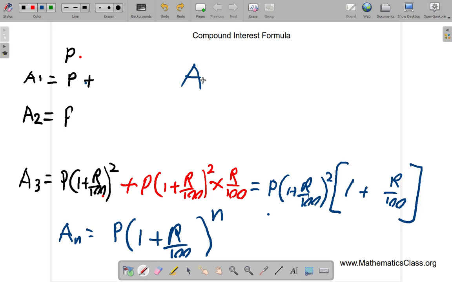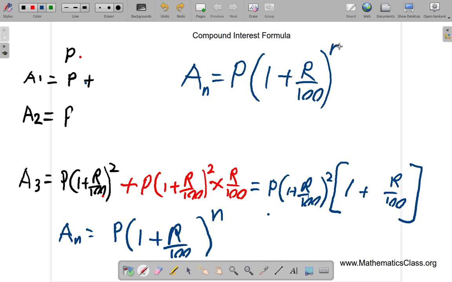The amount of money you have after you get a certain number of payments, let's call it n, is P times 1 plus R over 100 to the power of n. So that is your compound interest formula.